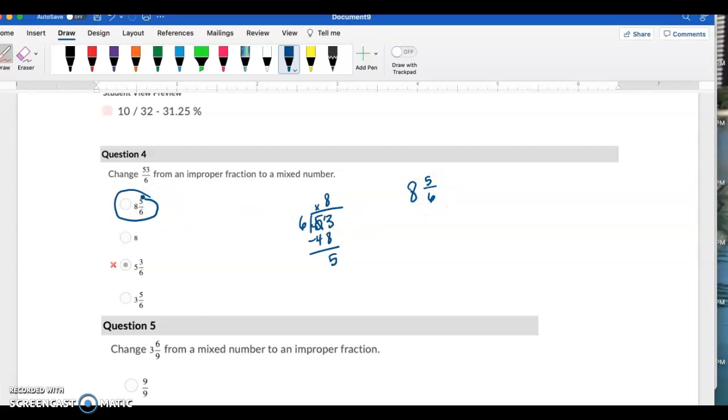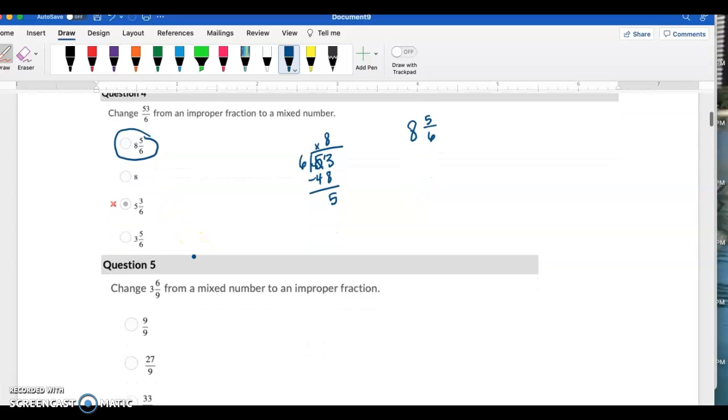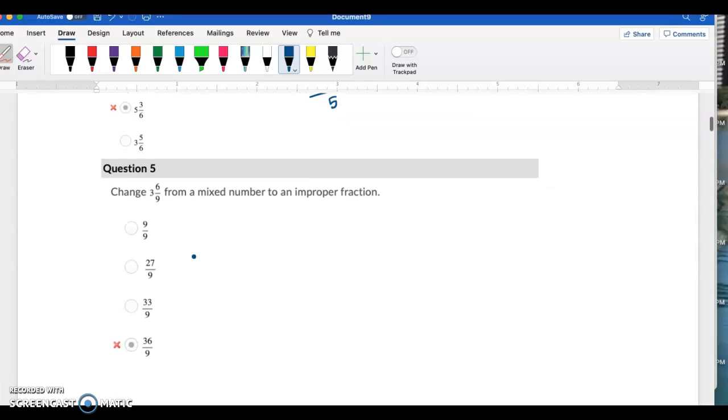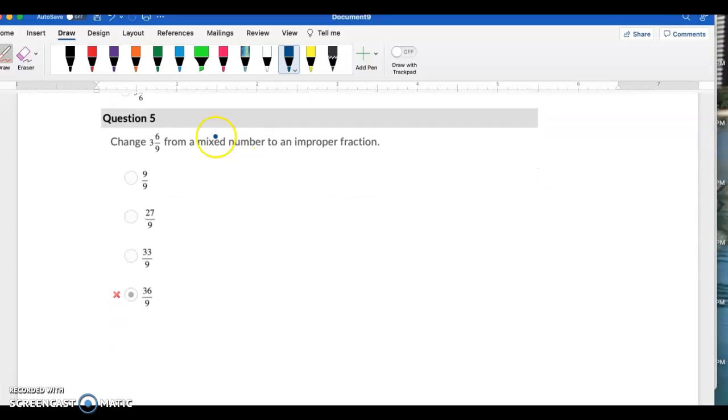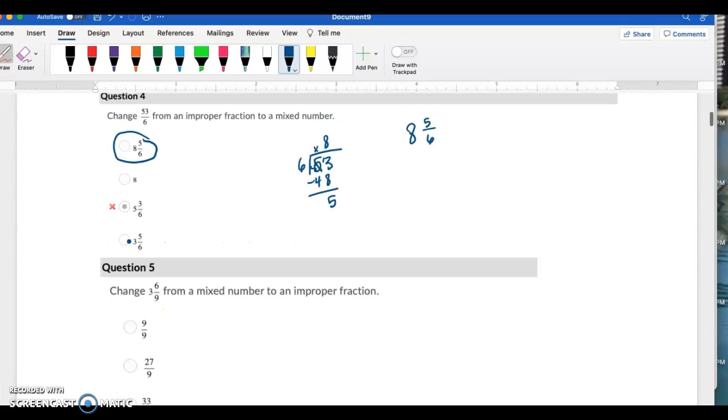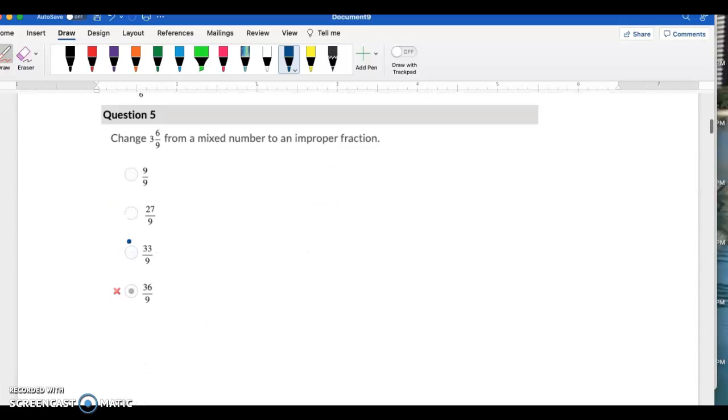If I complete the problem as we're talking, then you don't need to make it as a correction. But if I don't complete it, then I'll have you do that. So remember how we get from a mixed number to an improper fraction. We're kind of going the opposite way here.